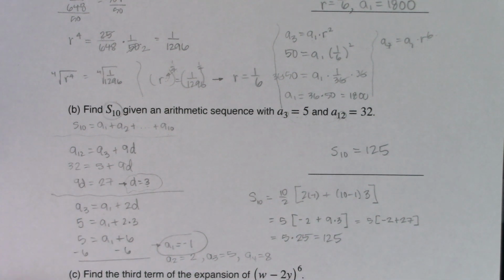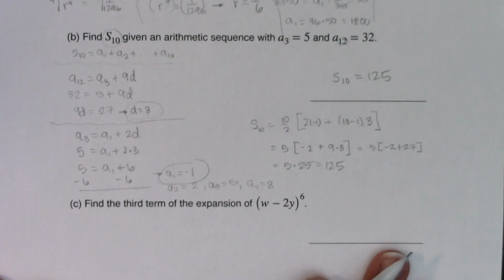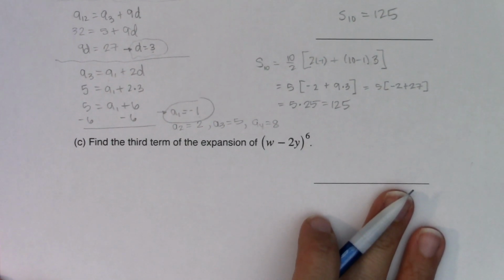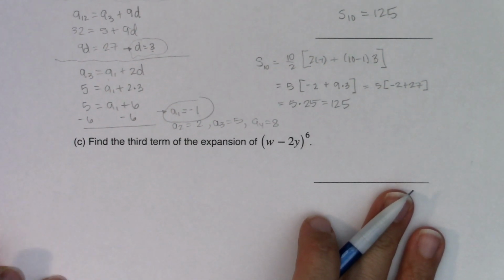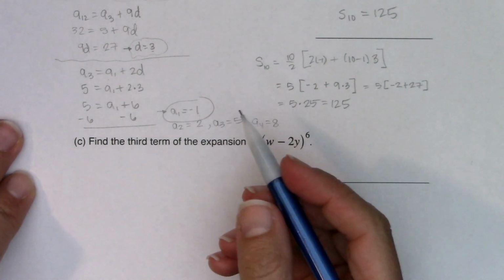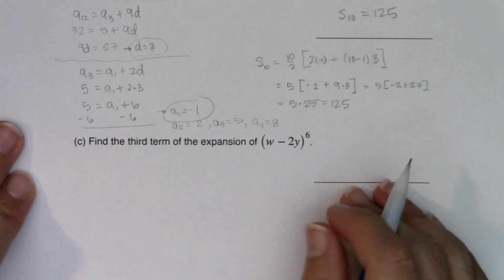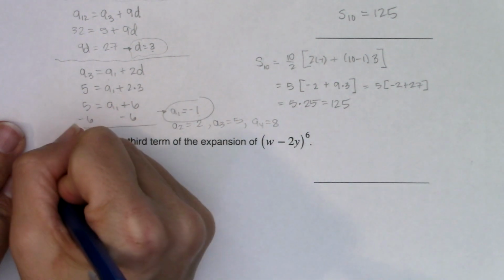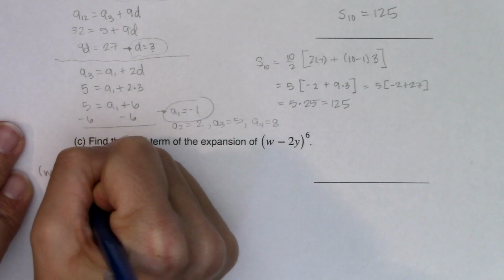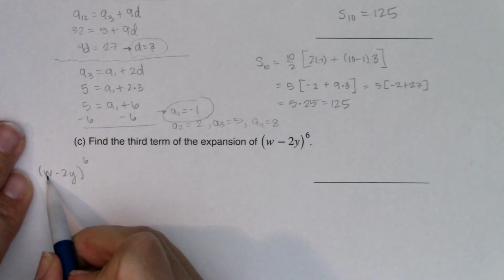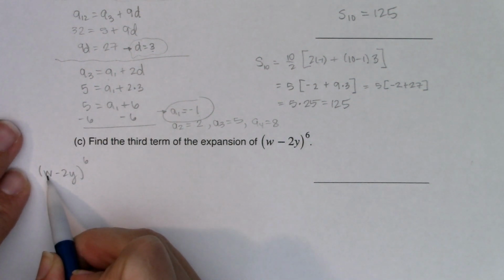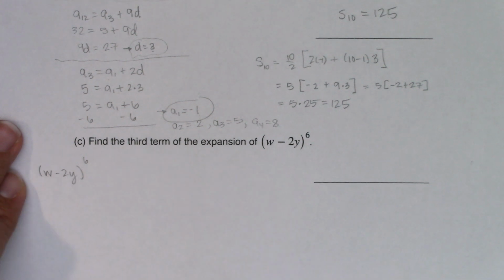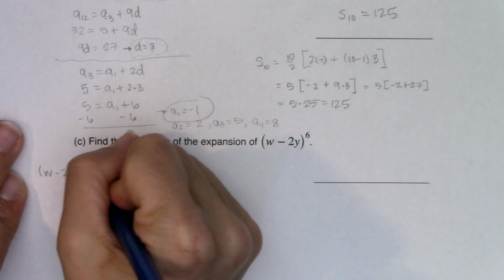Okay, let's go ahead and take a look at this binomial that we're going to expand with the binomial theorem. Now this says go ahead and find the third term. I'm just going to write all of these out so we can see the binomial theorem in play. So I have w minus 2y raised to the 6. So I want you to think w is one of my terms in my binomial expression, negative 2y is the other one, and I've got this 6th power.